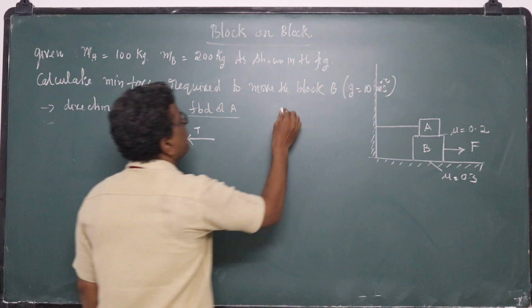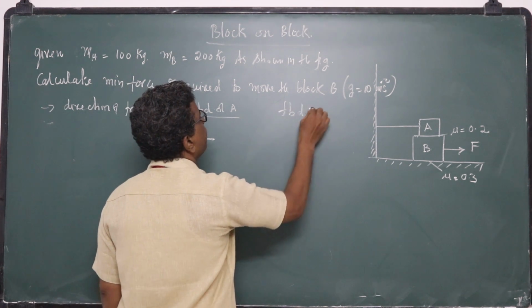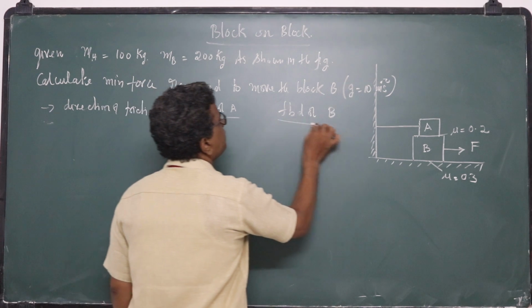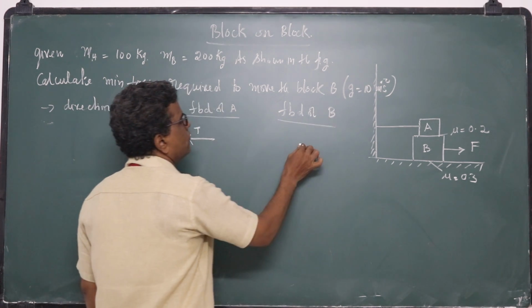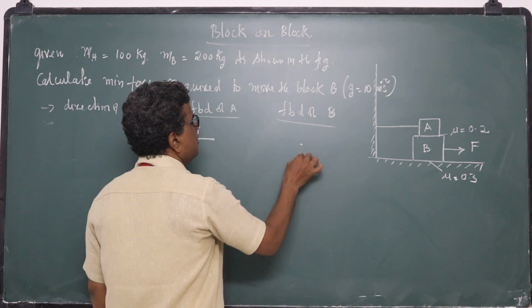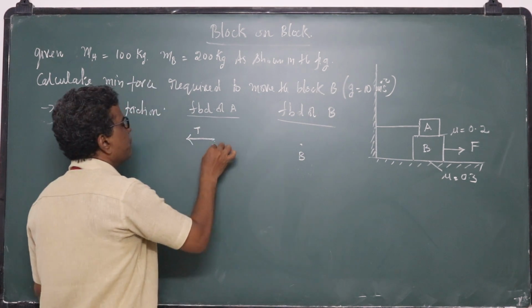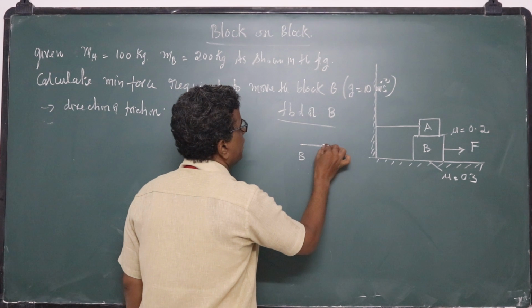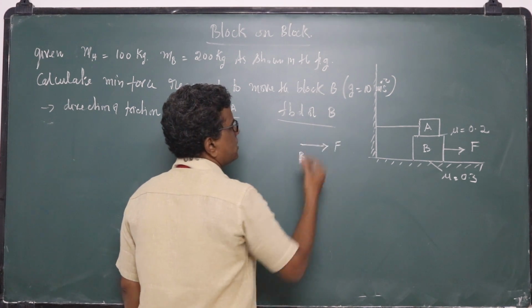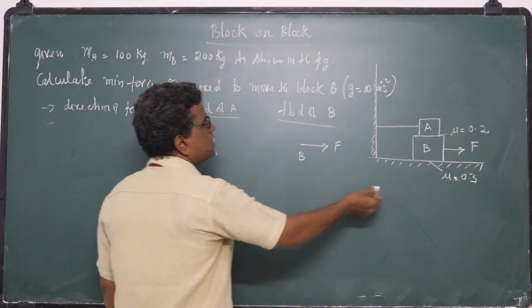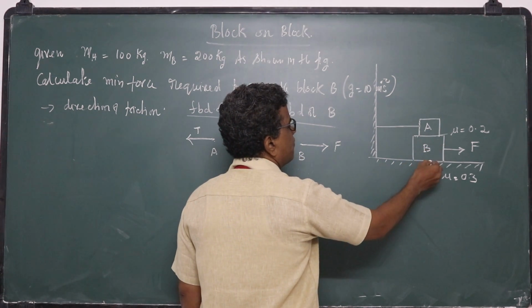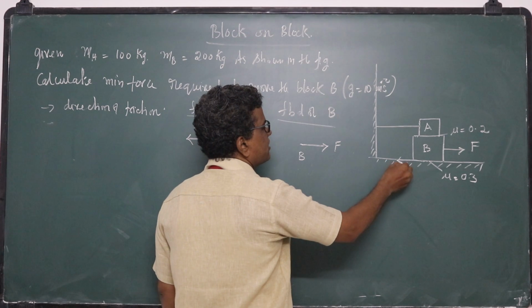And for block B, I will draw the FBD of B. This is A. What are the forces acting on B? F, the external force, and its frictional force opposes it in this direction.